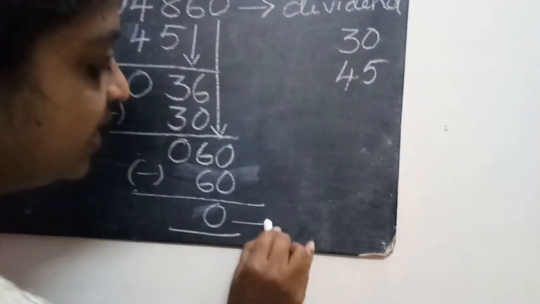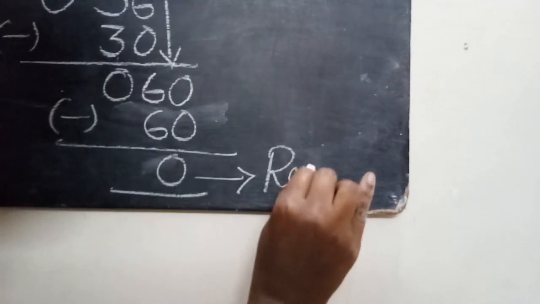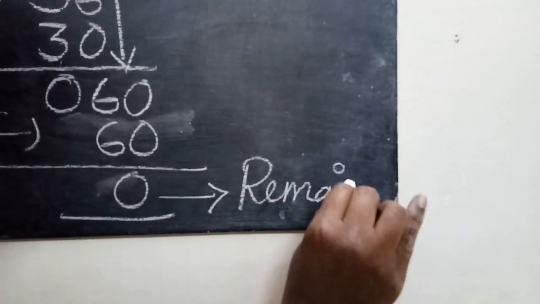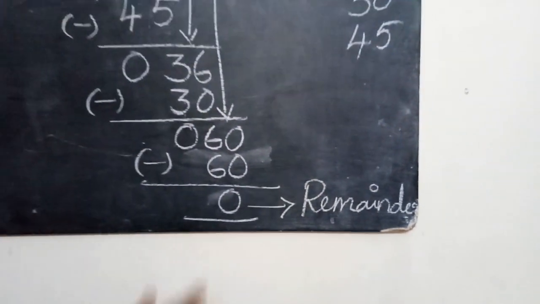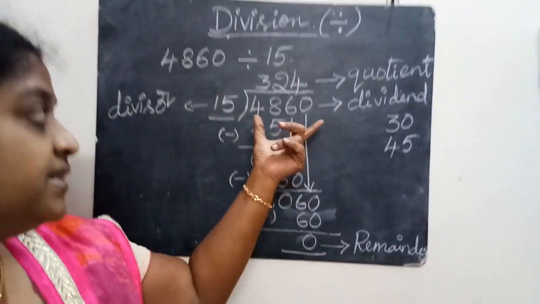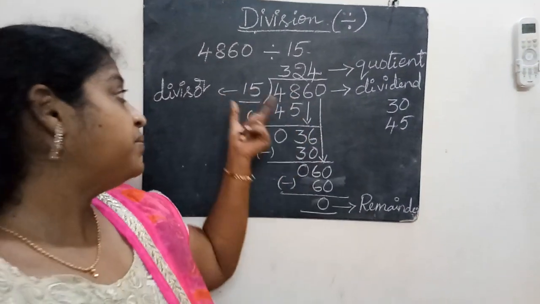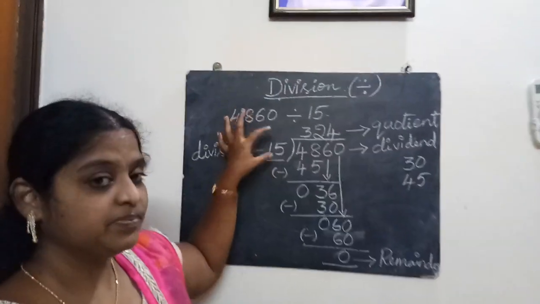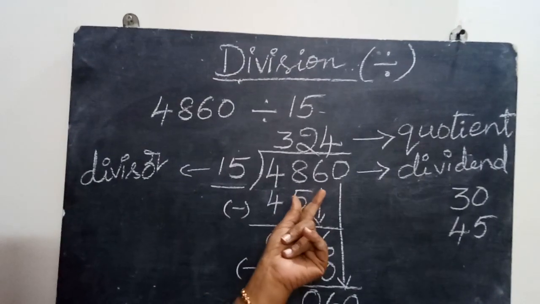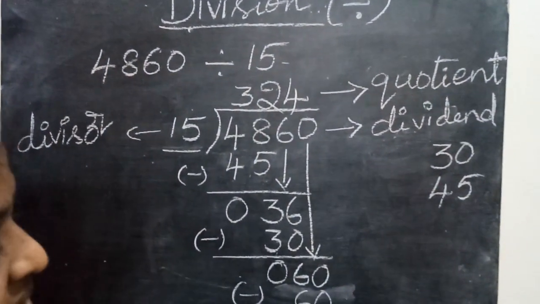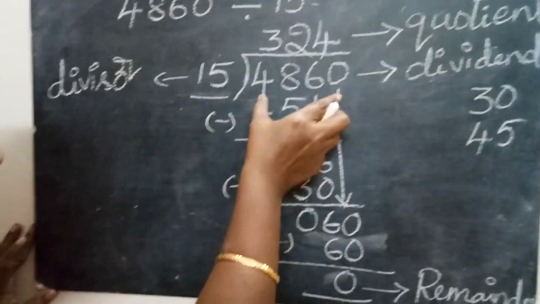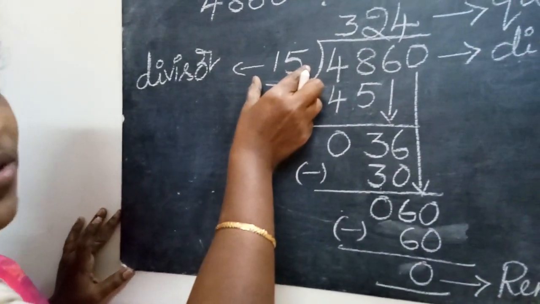And this one is called the remainder. Okay, when you get 0 as the remainder, that number is completely divisible by the given number. Understood children? Clear? If you get 0, this number is completely divisible by the divisor.